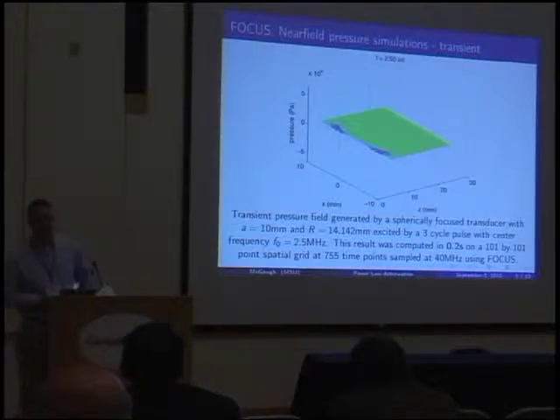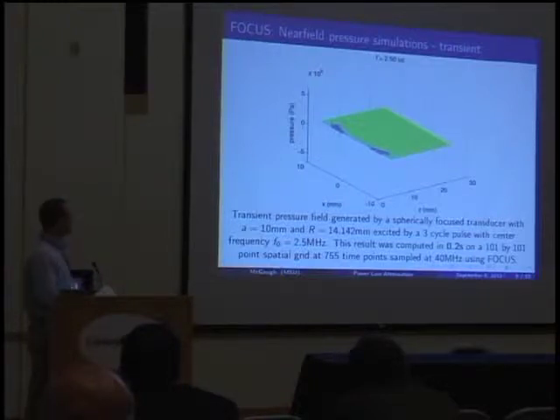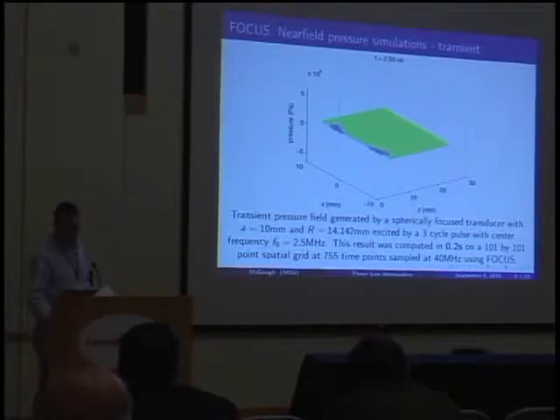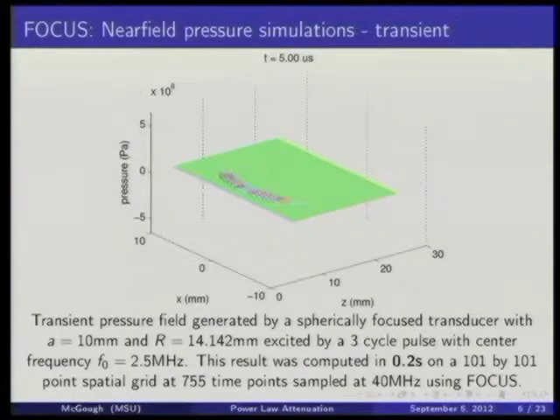Likewise, on the same computer this takes about 0.2 of a second on a reasonably sized large grid, but in particular we calculate that pressure at 755 time points. We'll only show you 7 slices of those here. By the way, we're sampling the field at 40 megahertz. So we can see at first the field emanates from the spherically focused transducer, then it converges to a focus, and then it diverges away from the focus.